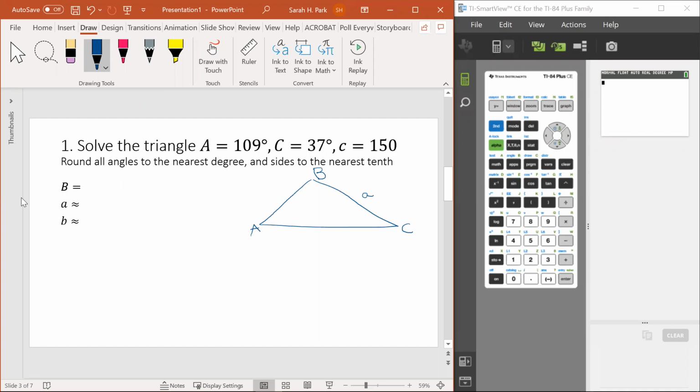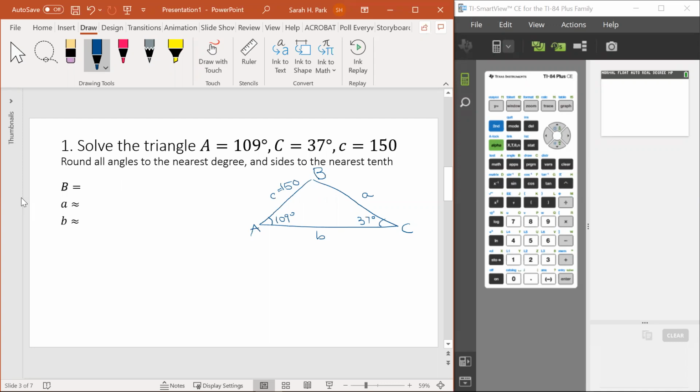Directly across from angle B we have side little b, and then directly across angle C, we have little c. Let's label anything that's given. So we know that angle A is 109 degrees, angle C is 37 degrees, and little c is 150. Okay, so that's all the information that is given.